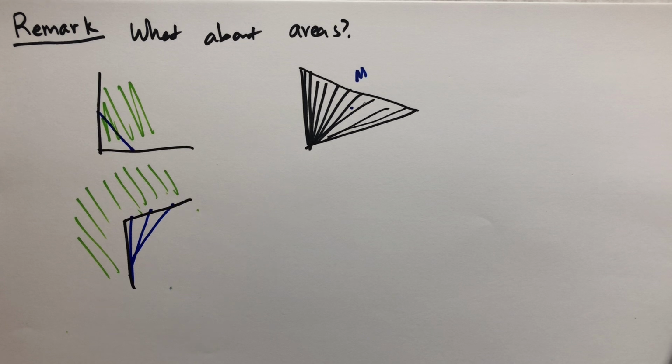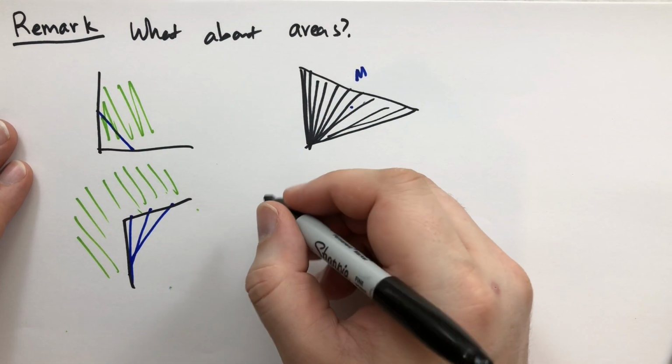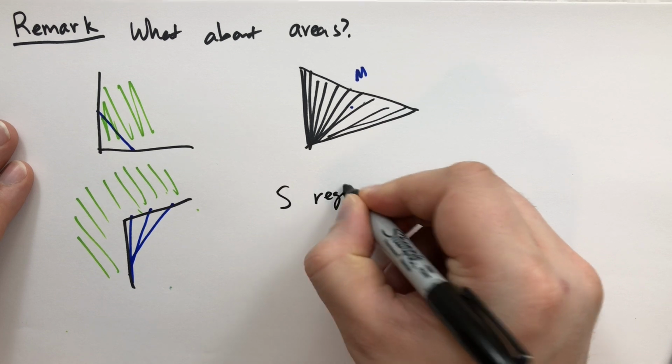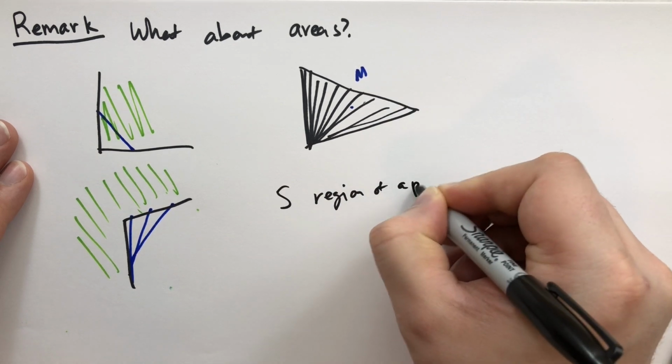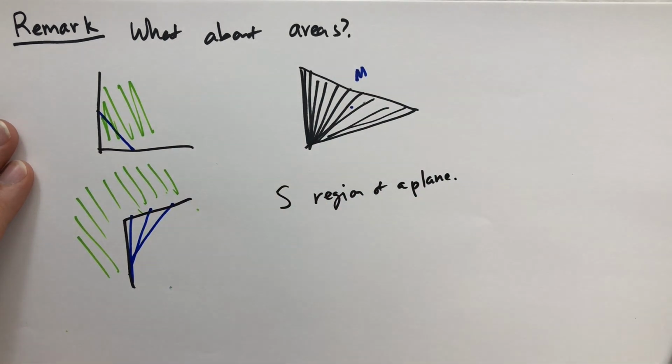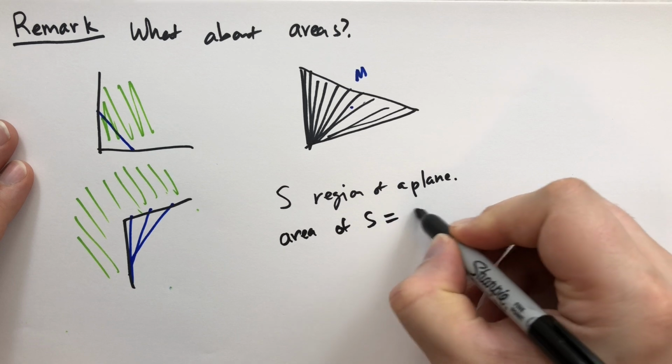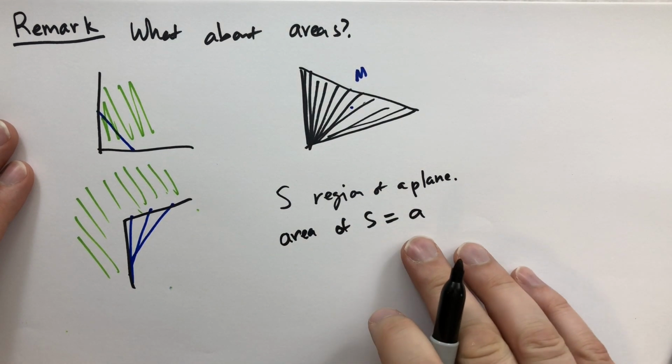The issue is that when you do this with areas, you can find a rule. You can say that, let's say S is a region of a plane, so an area. Okay, and then we can say the area of S is equal to A. Okay, we haven't really talked about area.